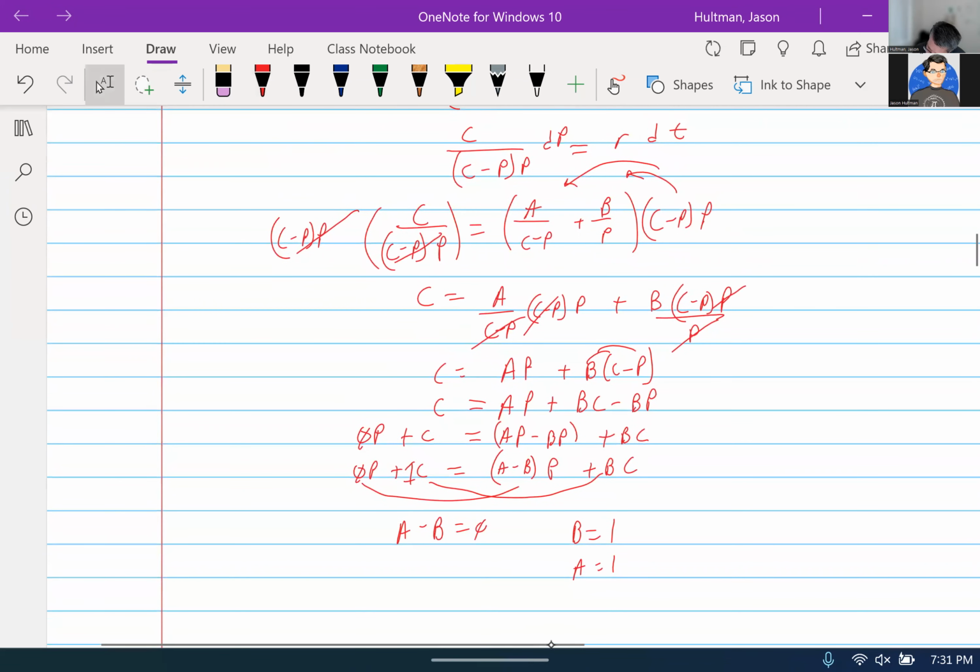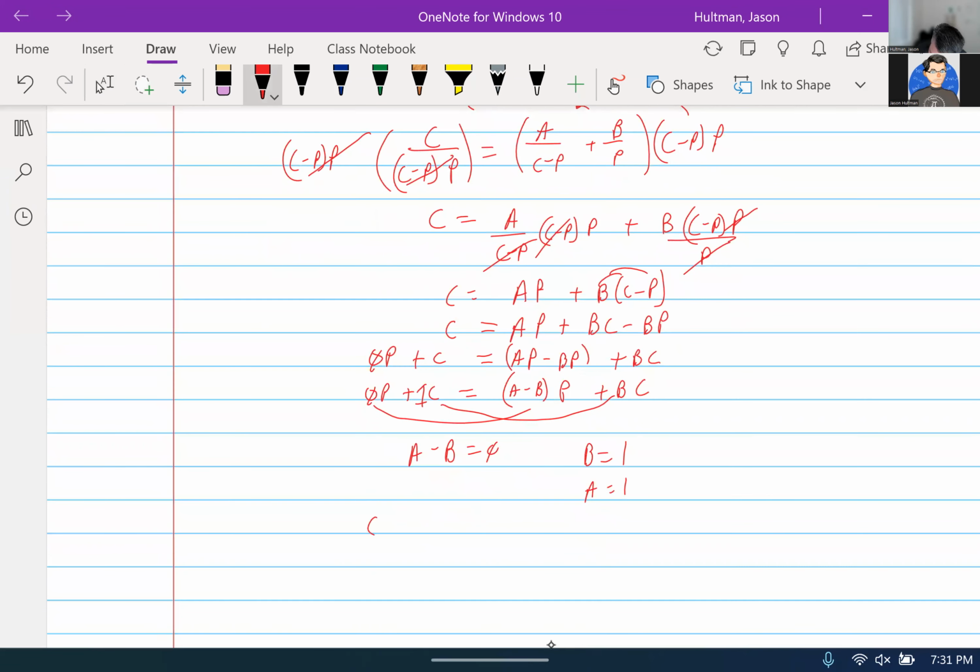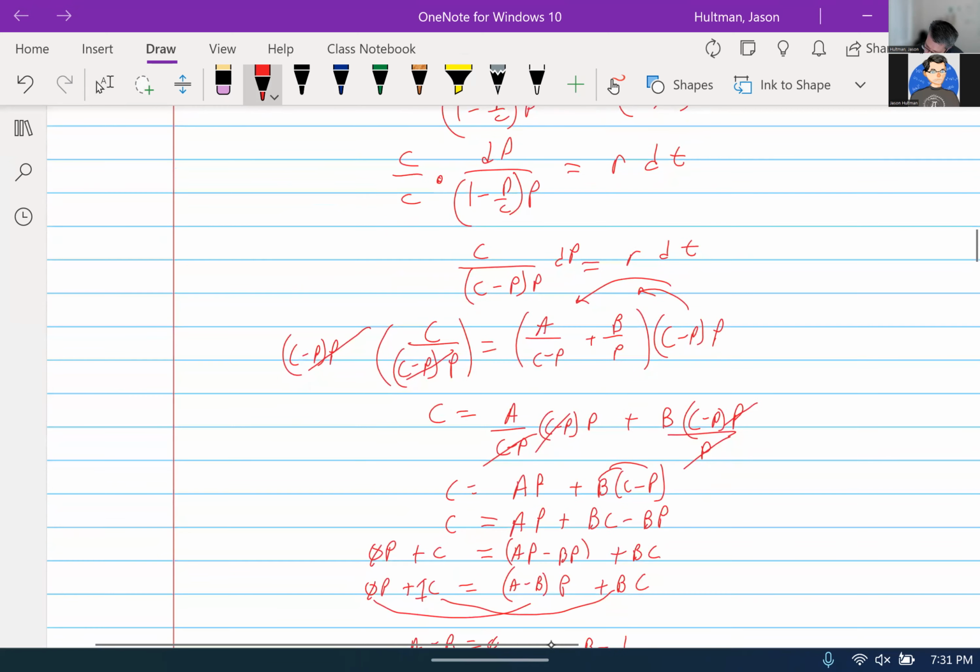Okay, so how does that help me out here? Well, that tells me that c over c minus p times p is equal to 1 over c minus p plus 1 over p. Okay, so I can take this guy and rewrite him in a different form.